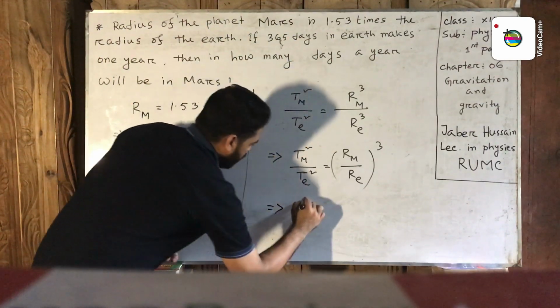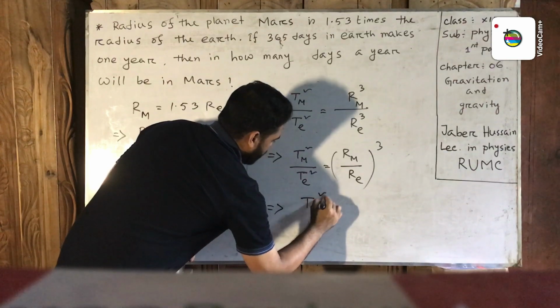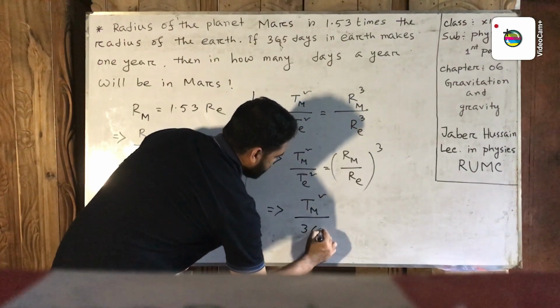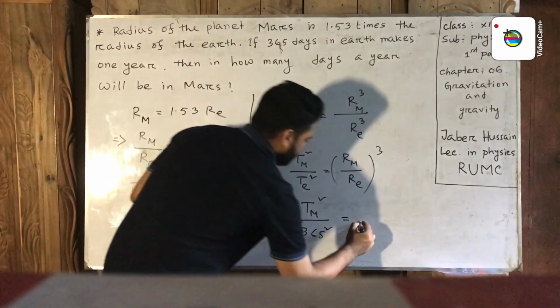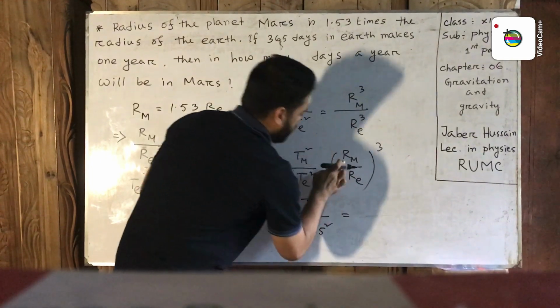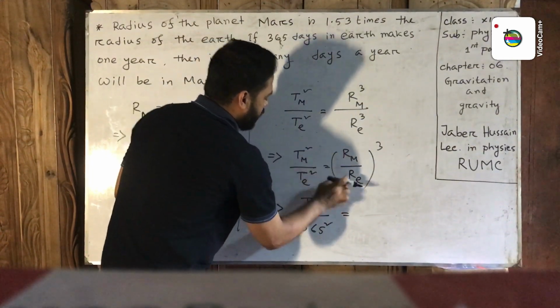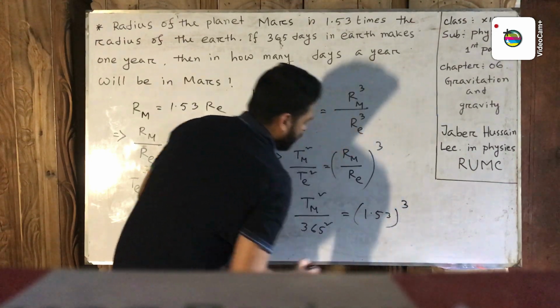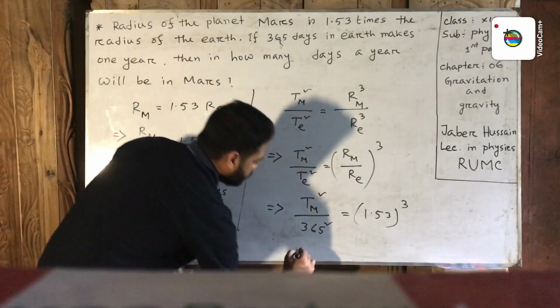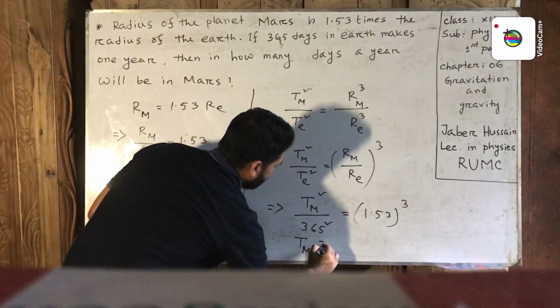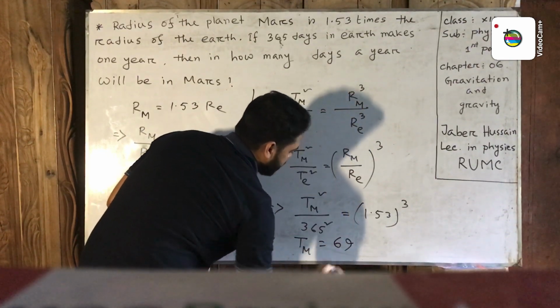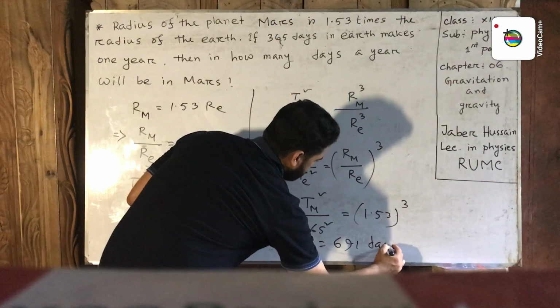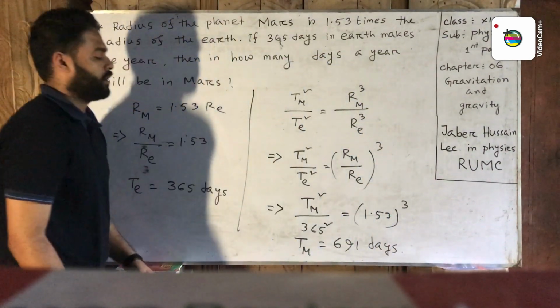Now Tm square equals 365 square times the ratio of Rm and Re, 1.53, whole cube. Now the value of Tm is 691 days. So everybody calculate it.